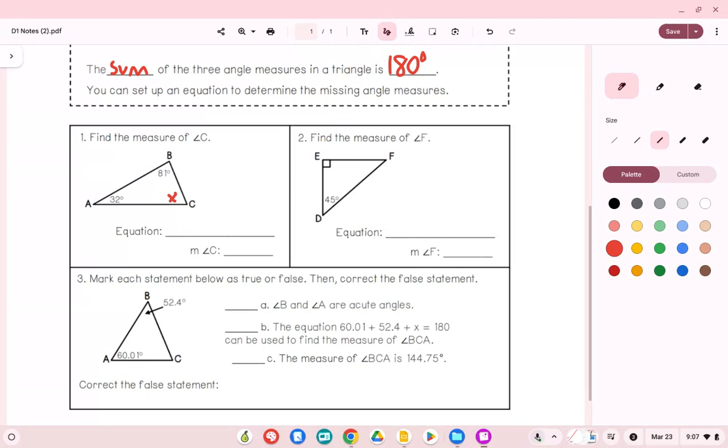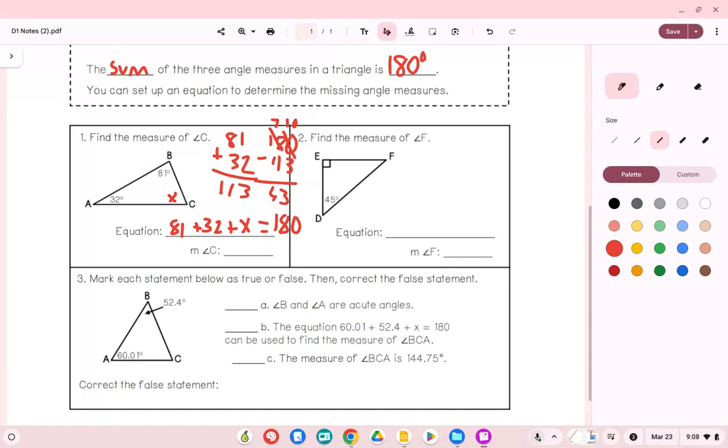So let's see, I'm just gonna write an equation like this. You could say 81 plus 32 plus x equals 180. And then let's see, 81 plus 32 is 113, and then 180 minus 113 is 63.